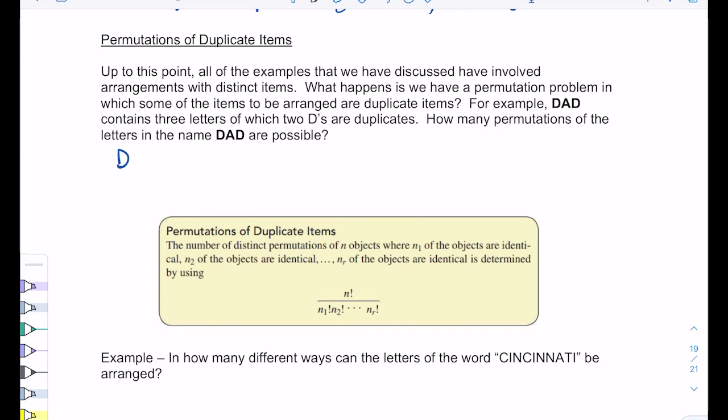I could arrange it like this. I could arrange it like that. I could also arrange it like this.